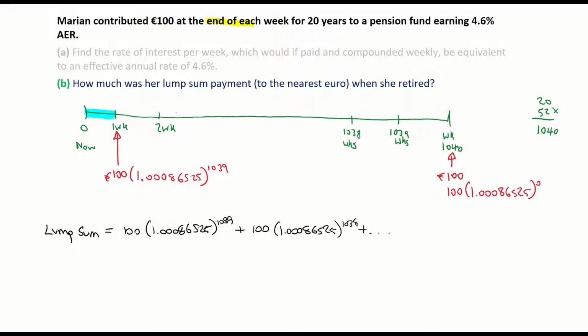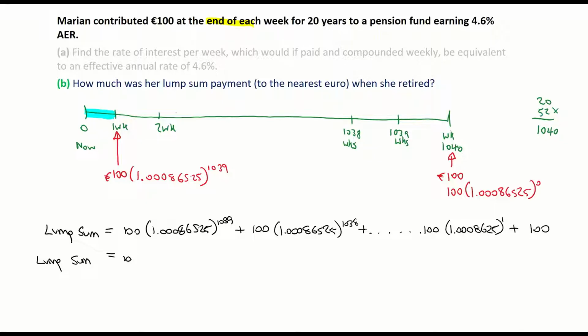And so on and so on until my last couple of installments. My second last installment will earn interest for 1 period, and then my final €100, which goes in on week 1040, earns no interest.